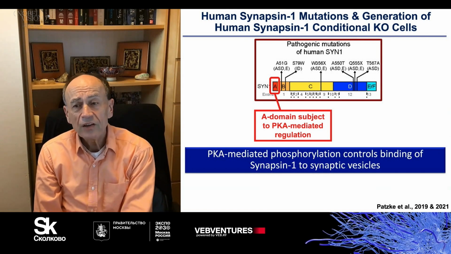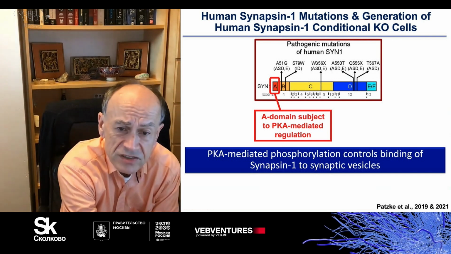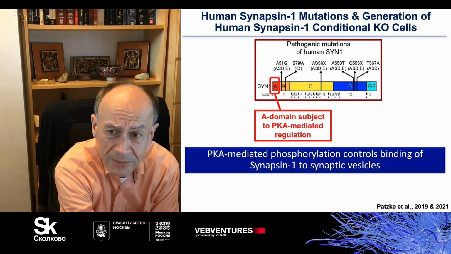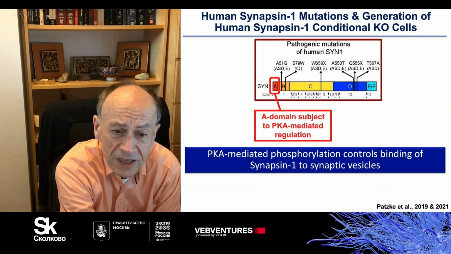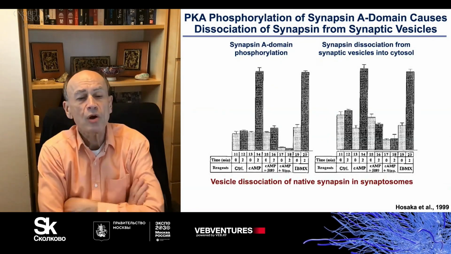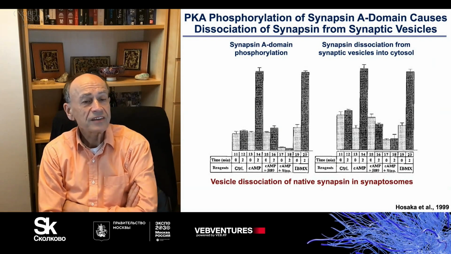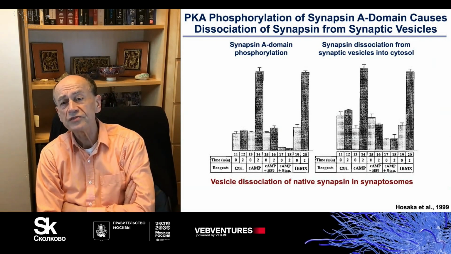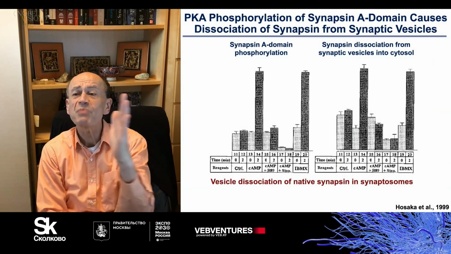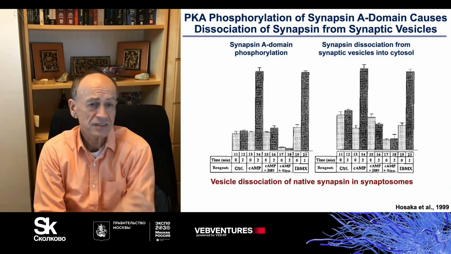And this is something that we actually showed 20 years ago when we didn't really know what synapsin 1 does. But we demonstrated, as shown here in this old slide taken from a paper in 1999, that N-terminal phosphorylation of synapsin 1 controls its binding to synaptic vesicles.